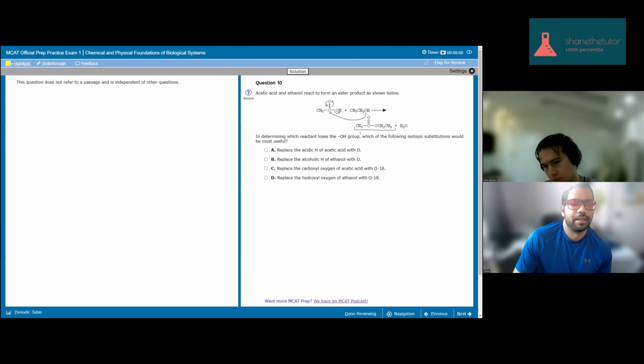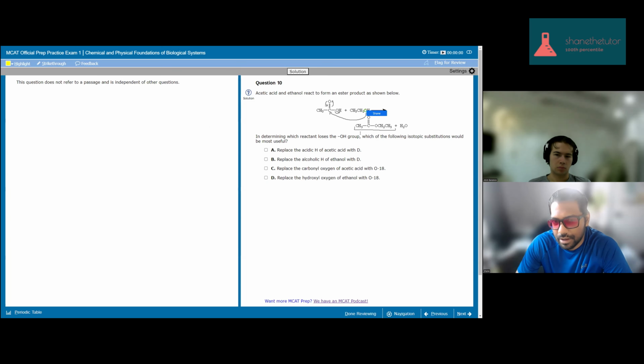In order to figure out if this reaction is working in this mechanistic way, we would have to see if we are adding this oxygen from that ethanol. So we could label that.